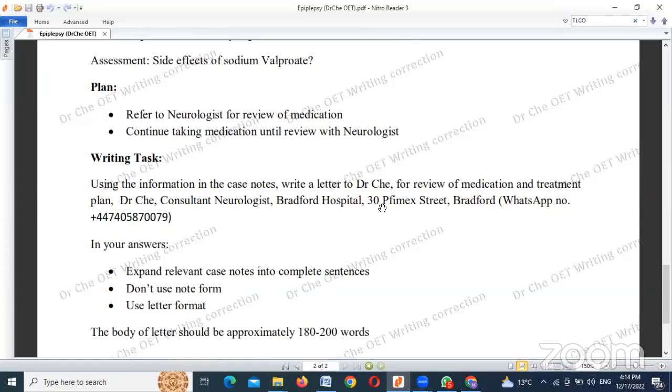There is a normal referral and an urgent referral.